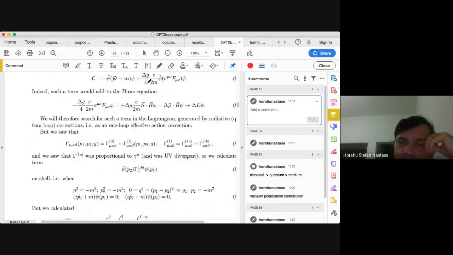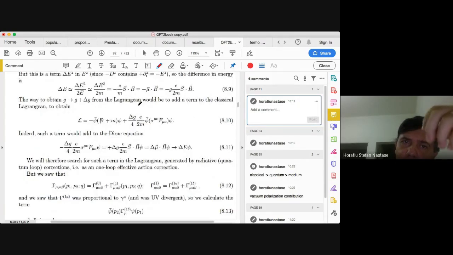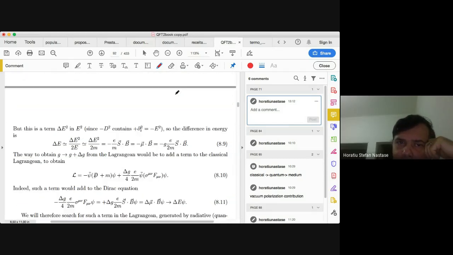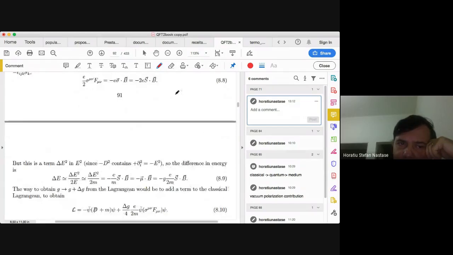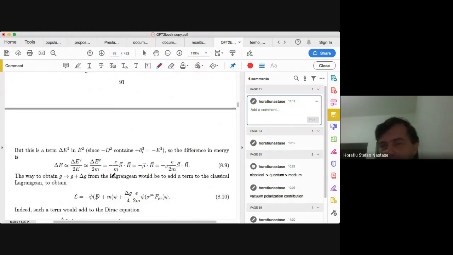And so to obtain a delta g would mean adding to the Lagrangian a term of the form delta g over 4 times this object, since g over 2 times e over 2m psi bar sigma^{mu nu} F_{mu nu} psi gave this correction to the energy, and therefore to g.